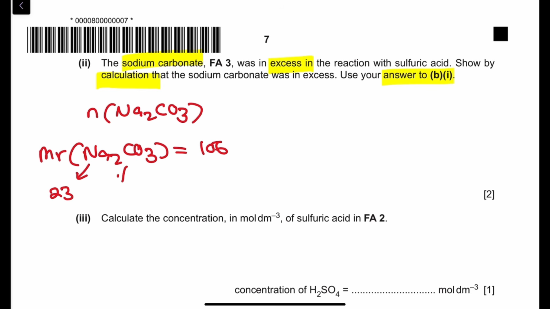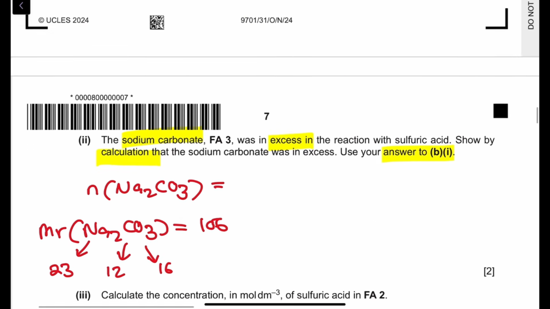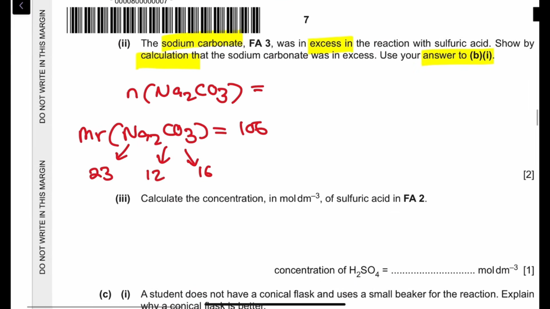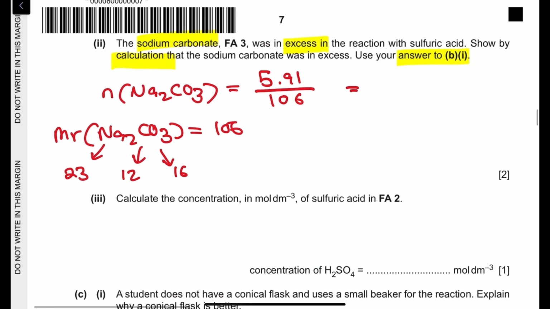So the number of moles is going to be the mass that we had added, and we added 5.91 grams. Divide that by 106, and we will get approximately 0.0558 moles.